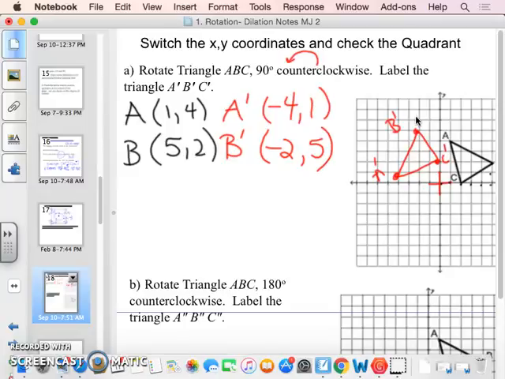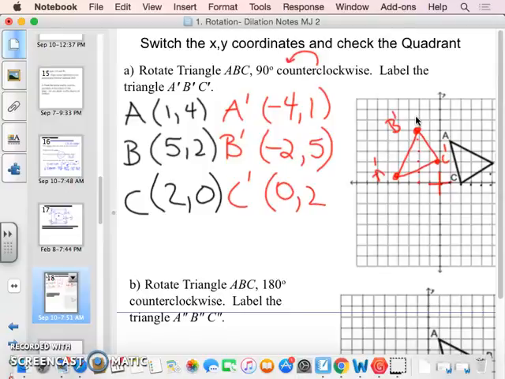Sure enough, 1, 2, and up 1, 2, 3, 4, 5. There it is. Huh. And now C, my coordinates for C were at 0, 2. And I'm going to predict my new coordinates are going to be at 0, well, -0, but obviously 0 can't be negative, 2. And sure enough, 0 is here, up 2, and that's where C is.